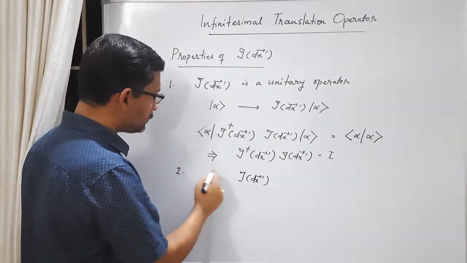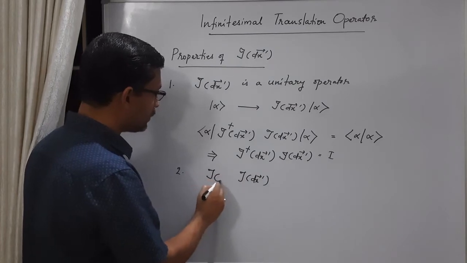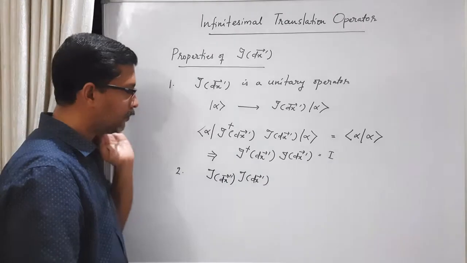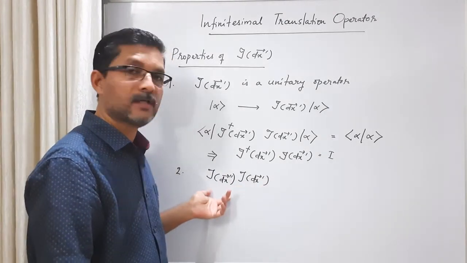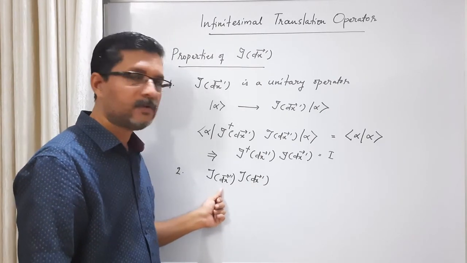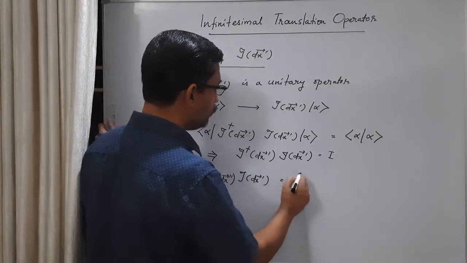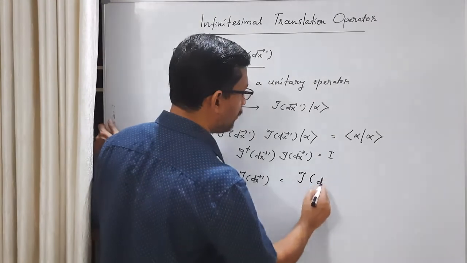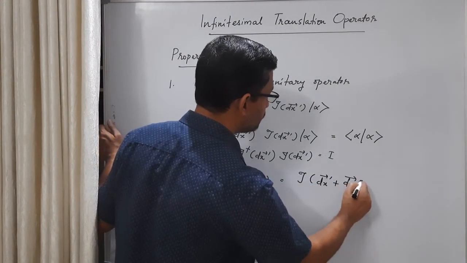Suppose the next one is another infinitesimal translation operator by the amount dx double prime. So you have back-to-back action of two infinitesimal translation operators, one by an amount dx prime, the other by an amount dx double prime. Then this must be equal to the action of an infinitesimal translation operator by an amount dx prime plus dx double prime.